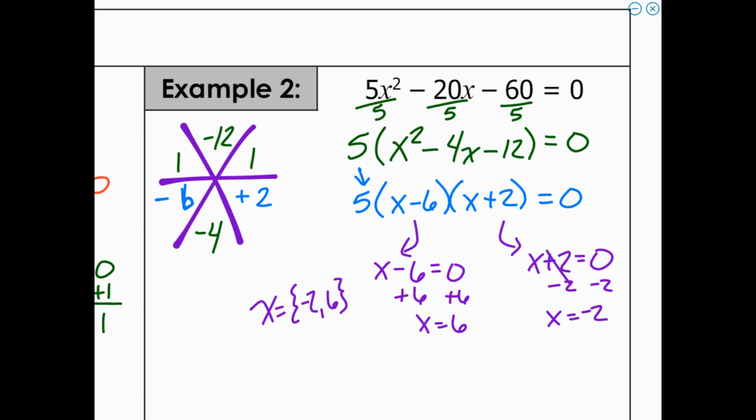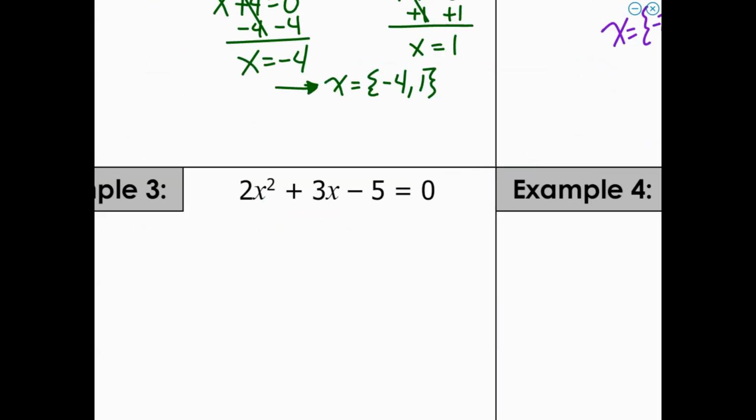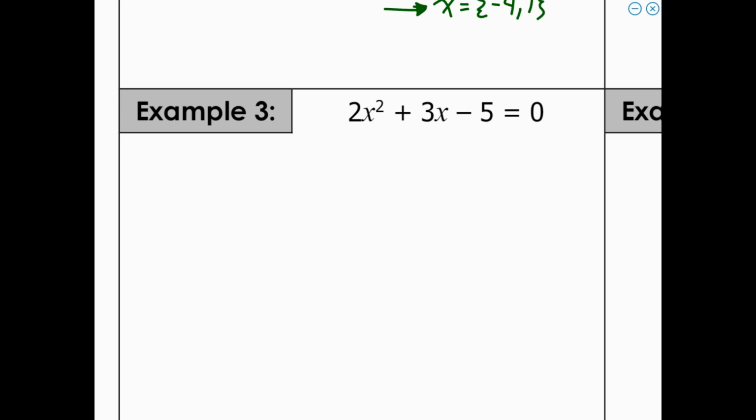We have 2 more examples to get through really quick. Is there a greatest common factor in this one? No, right? They're all prime numbers. 2, 3, and 5 can't be divided by anything else.